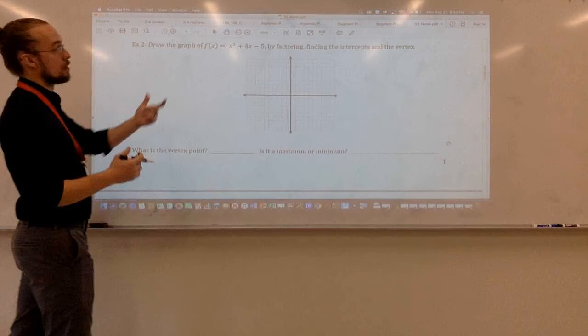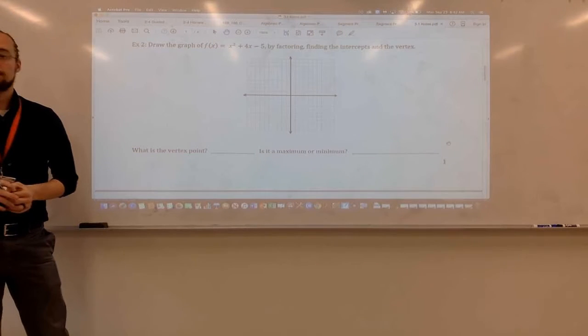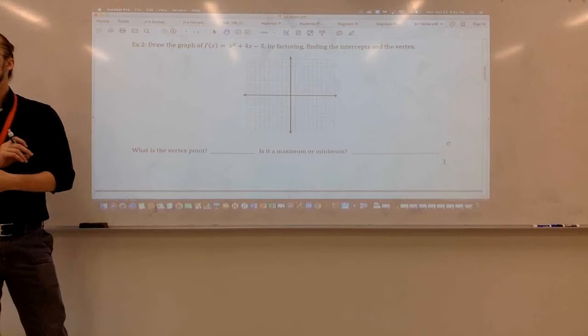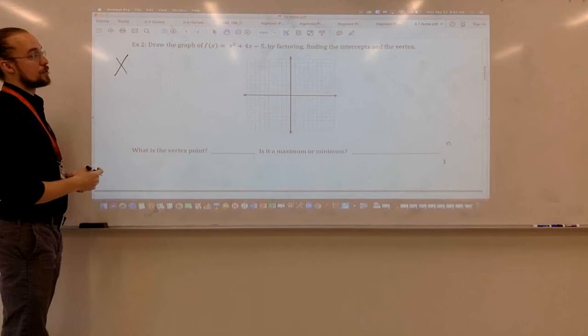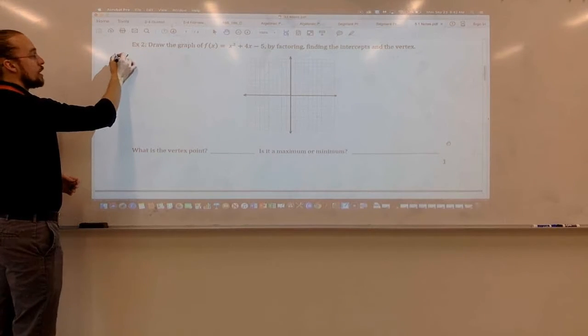So first, how would we factor this? We can use the x factor. We're looking for two numbers that multiply to negative 5 and add to positive 4.